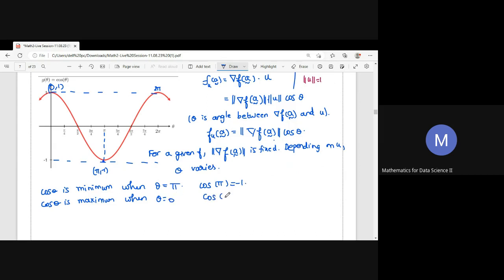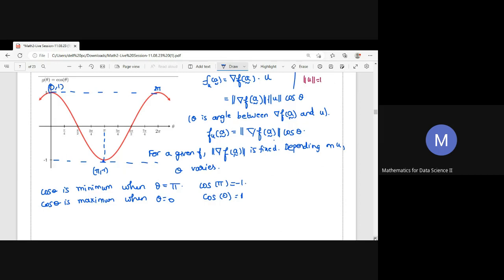So what is cos zero? 1. All right. If you are drawing a tangent at this point, the tangent at this point is nothing but the line parallel to the x-axis. Here also it is parallel to the x-axis. So you are having the maximum and minimum here.